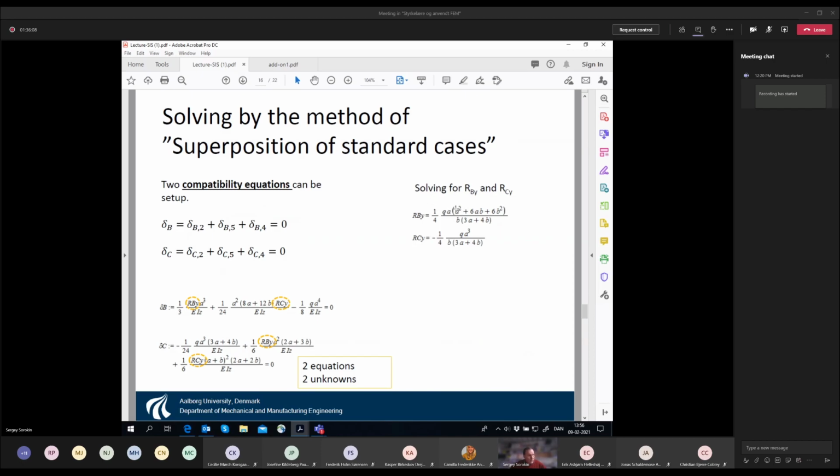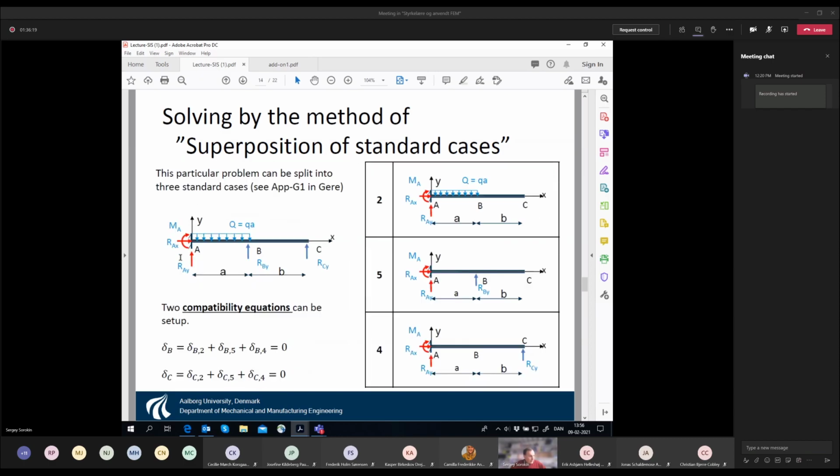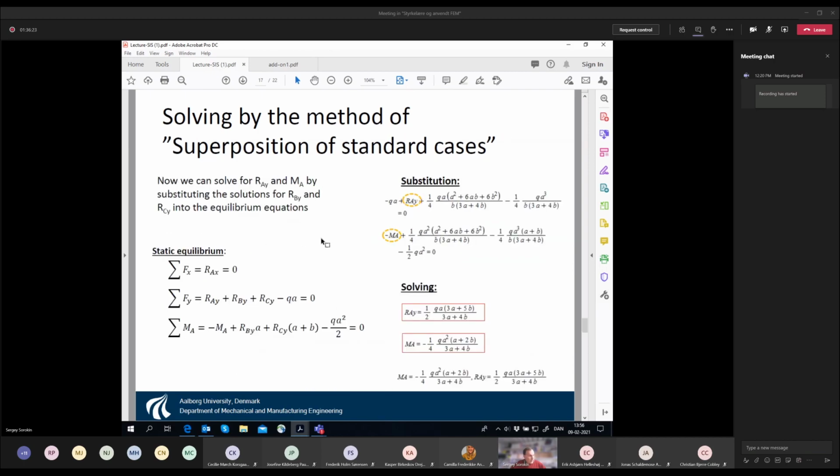Then you remember it's not completely the end of the story, because we have found these redundant unknowns, but we still have this moment and these two forces, which we have to find. But it's very simple. We just return to static equilibrium.